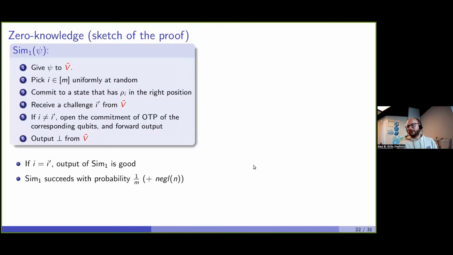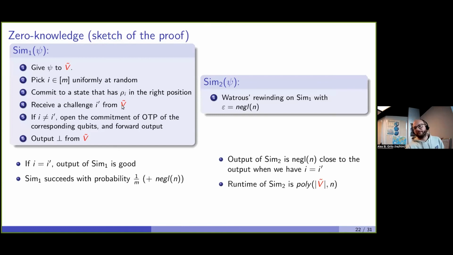So the zero knowledge proof is almost the same thing as the classical one. It's just that for the simulator, you guess the choice of density matrix that the verifier will choose. Then you do the commitment of a state that has row y in the right position. You have the classical description of row y, and row y has only constantly many qubits, so we can create a quantum state that is correct on that marginal.